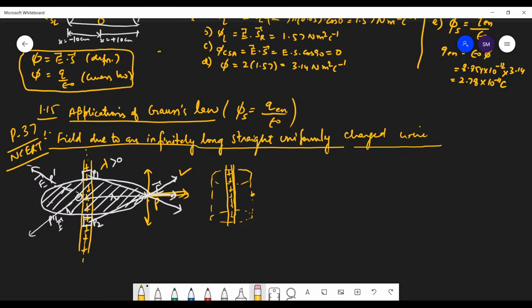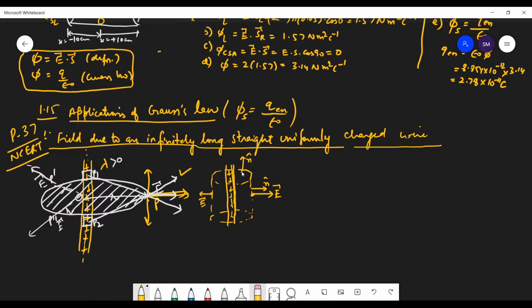At any point we have just studied that due to this whole wire there will be the electric field component, and the direction of the surface is also n cap, and this is the direction of electric field at this particular point. So that's figure B. Now the flux will come out through the curved surface, the top surface and the bottom surface. So what is the angle here between the surface and the electric field?